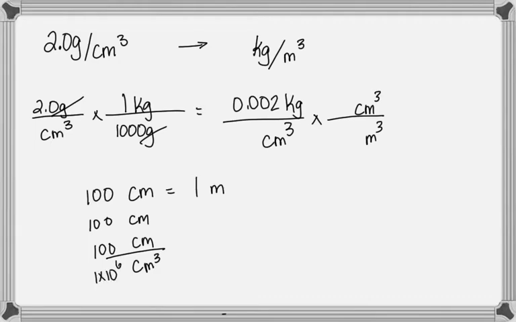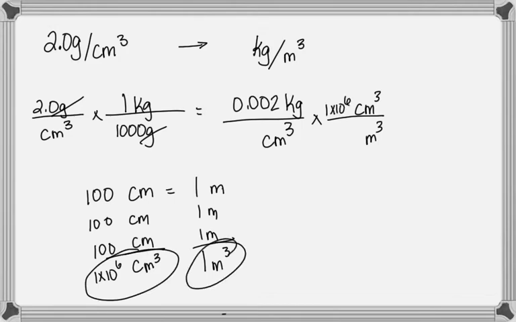Okay? Now how is that equal to a cubic meter? Well, a meter times a meter times a meter is 1 cubic meter. So see how these are equal: 1 million cubic centimeters is equal to 1 cubic meter.